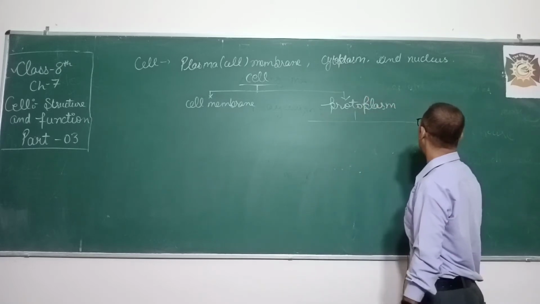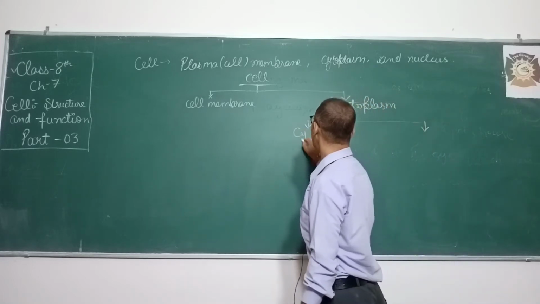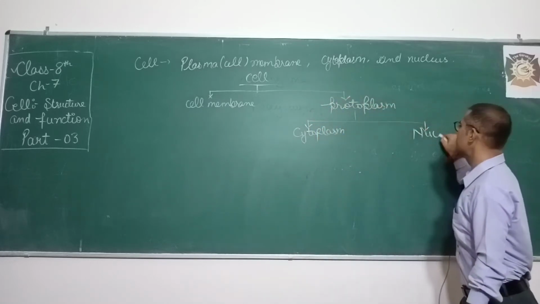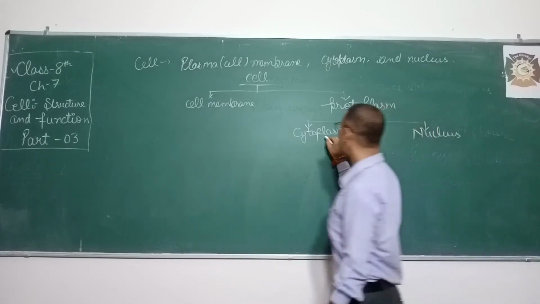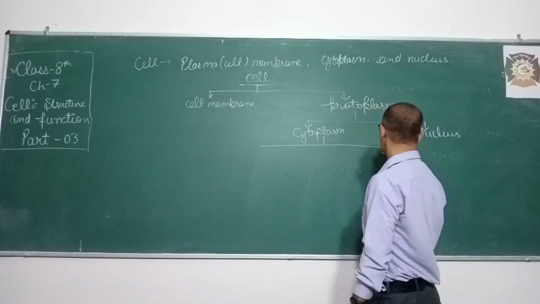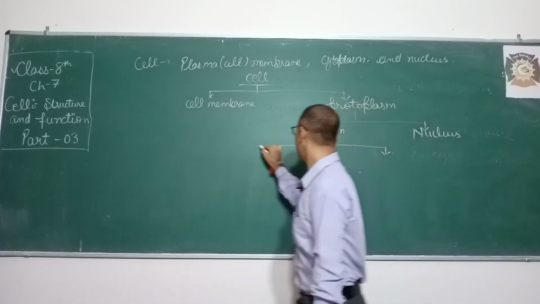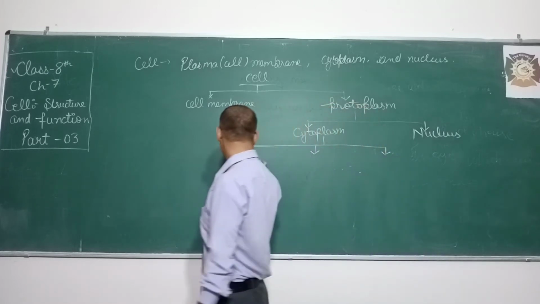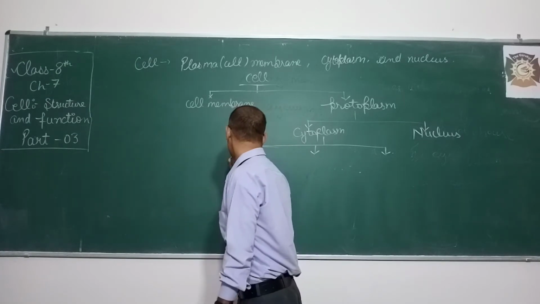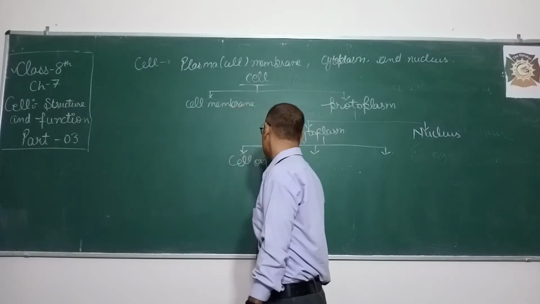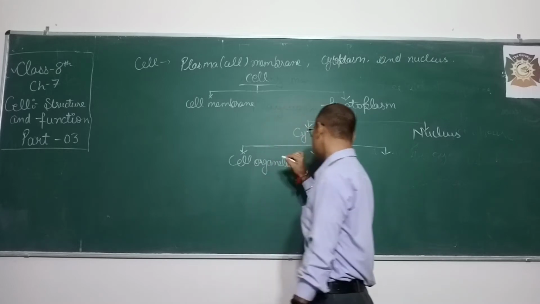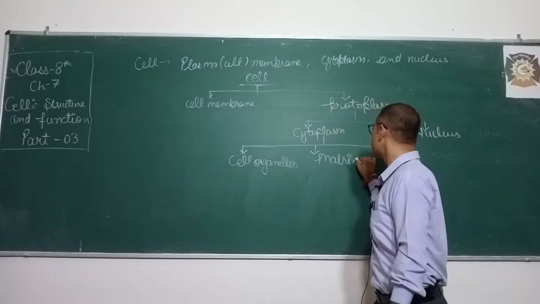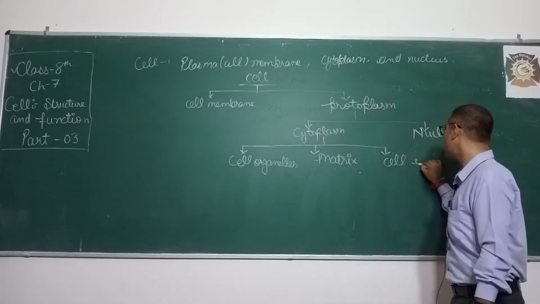Protoplasm consists of two parts: cytoplasm and nucleus. Now cytoplasm divides into three main parts. The very first part is cell organelles, then comes matrix, then comes cell inclusion.